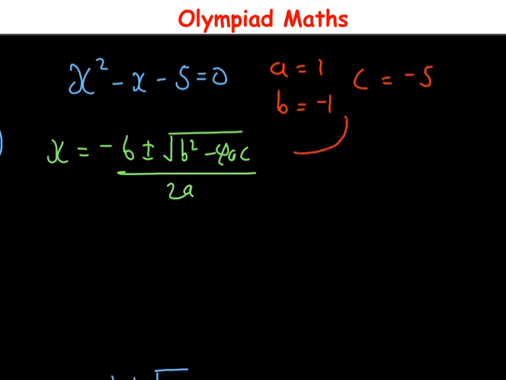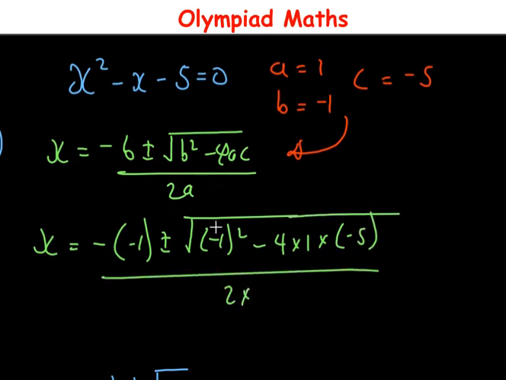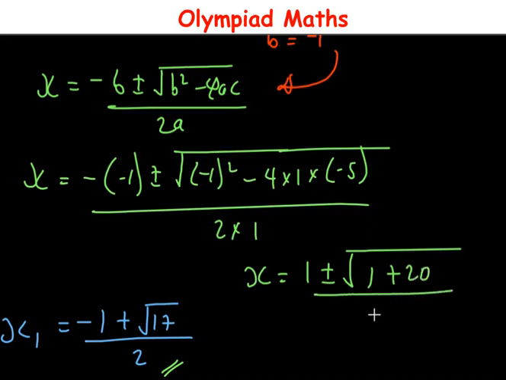In putting this into the given formula, what we have for the solution of x equals minus b, which is minus minus 1, plus or minus square root of minus 1 squared minus 4 times a, which is 1, times c, which is minus 5, all over 2 times a, which is 1. So with this, the solution for x equals minus times minus 1 is plus 1, plus or minus 1 squared is 1, minus 4 times 1 times minus 5, which is plus 20, all over 2 times 1 is 2.